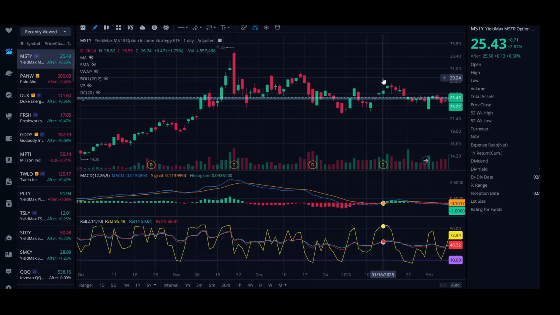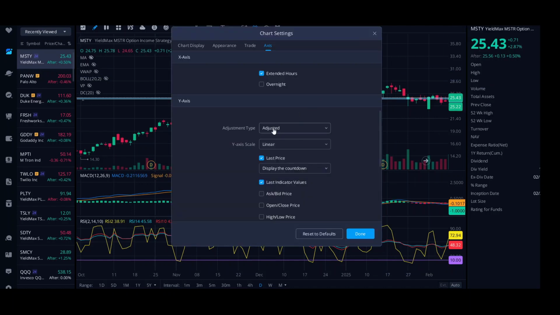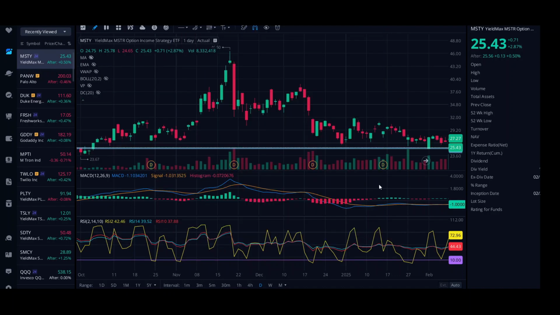So I just wanted to say that there's not a wrong way to do it. There's not a wrong chart to use. You use either the adjusted or the actual, right? The actual is going to give you the actual price. That's going to be used for more, like I said, the resistance and support indicators for the price movement.